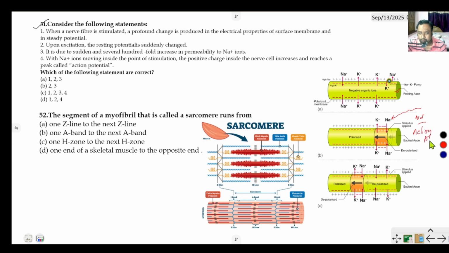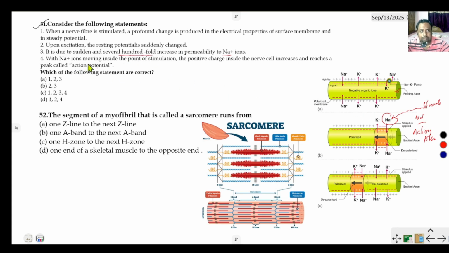And this action potential, so upon excitation, the resting potential suddenly changes. It is due to a sudden and several hundredfold increase in the permeability of sodium. When the stimulus comes, the permeability of sodium ions is increased several hundredfold.